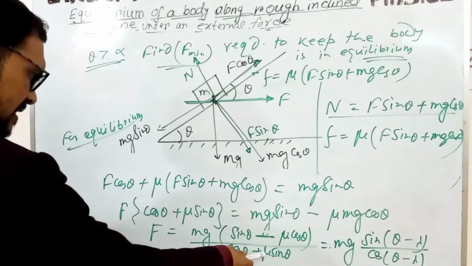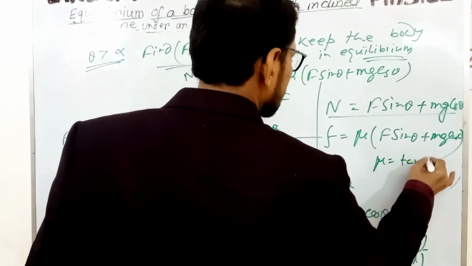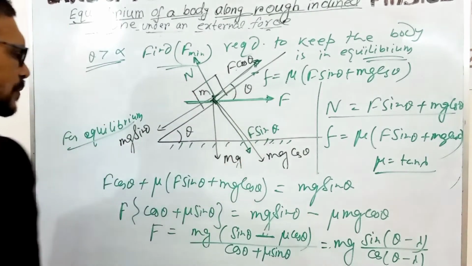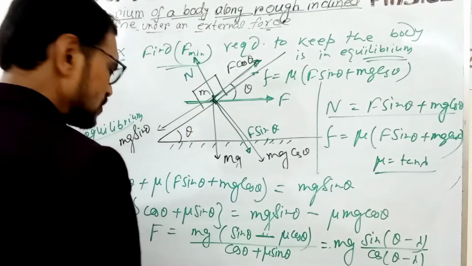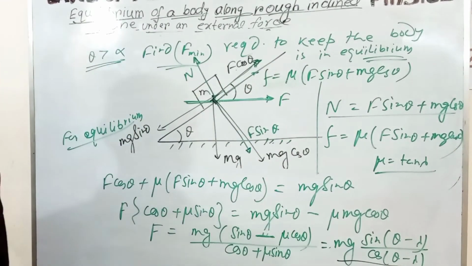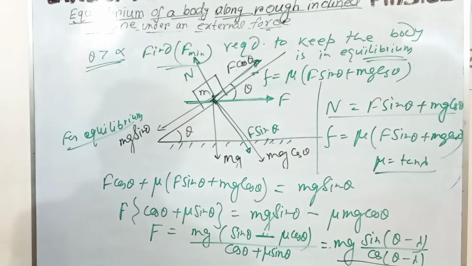So this is the result, where lambda is the angle of friction. So this minimum force is required to keep the body in equilibrium if the force acts parallel to the ground. So this is the answer.